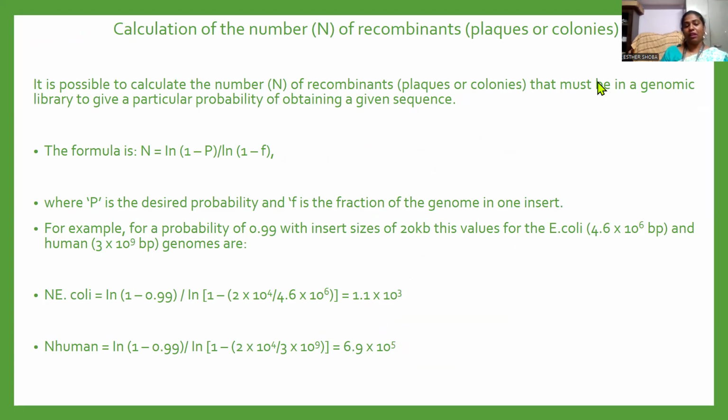We have a formula: the number of recombinants can be calculated from the desired probability and the fraction of the genome in one insert in the vector. This tells us how many recombinants we need for E. coli and how many for the human genome.